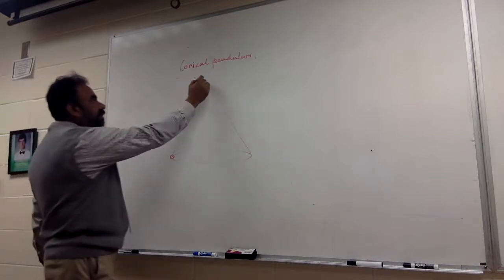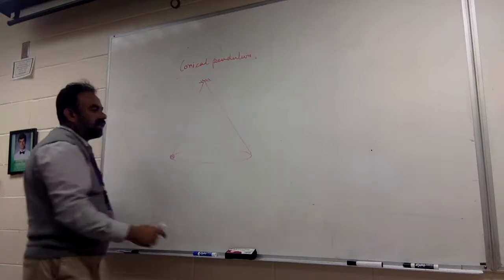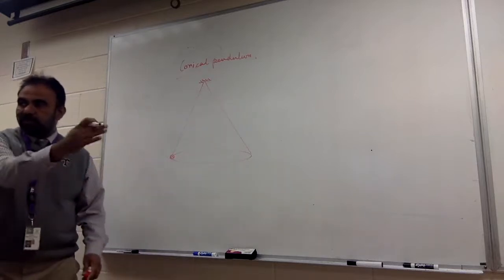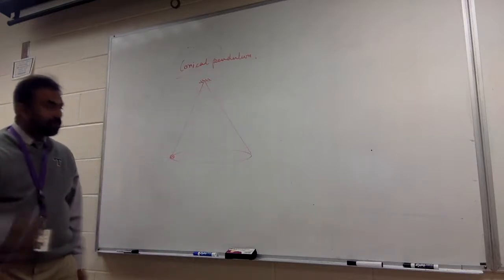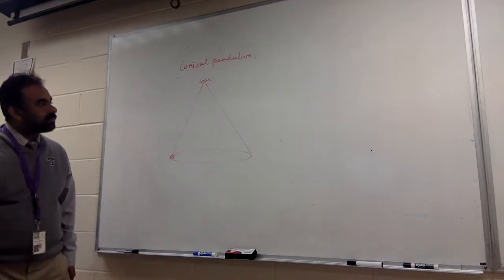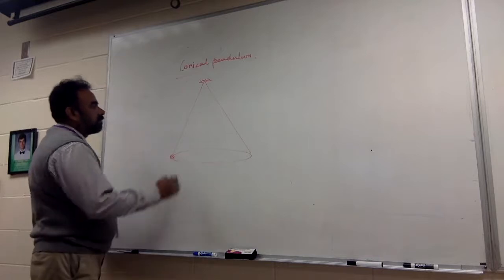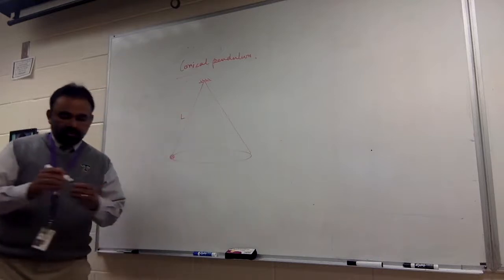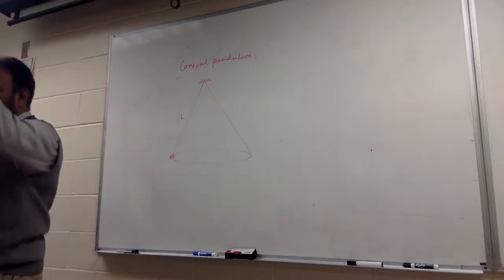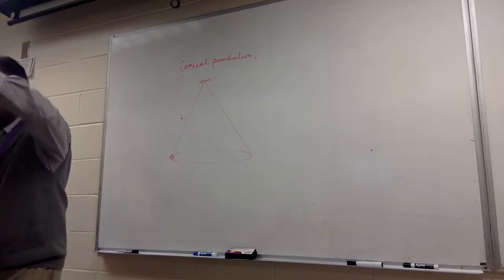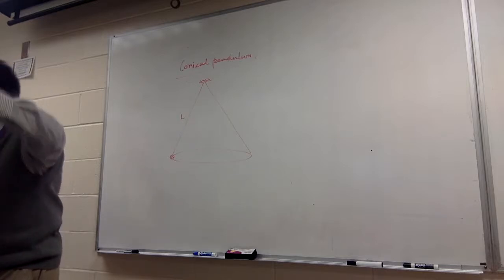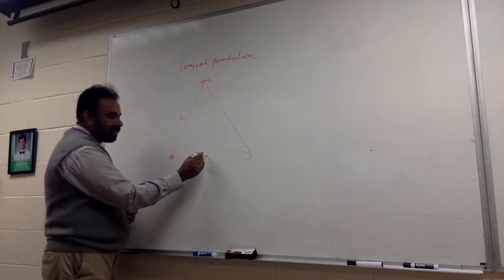So it is supported here, and then instead of swinging back and forth like that, it is moving in circles. So the length of the string that is used is L, but the radius of the turn that it is taking is here. This is the radius.